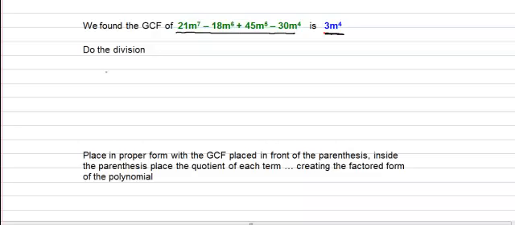So we take, and hopefully you remember how to do this from last chapter, so we're just going to break it into pieces. Don't forget to bring the signs.